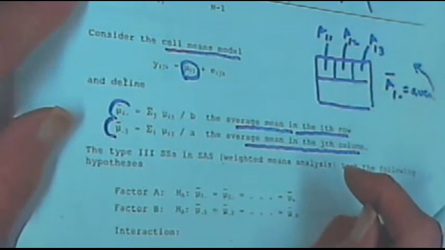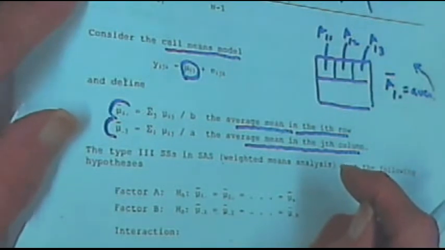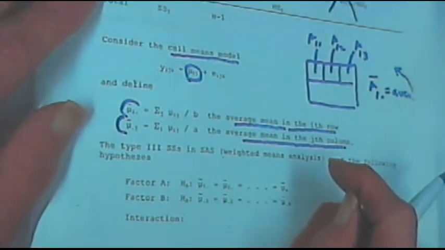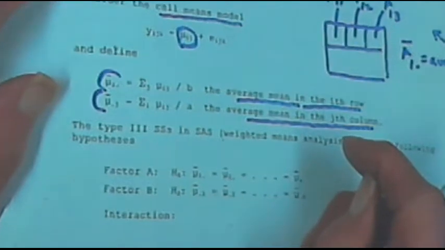Now, you've been seeing some SAS output in numerous handouts that I've given you so far, and you'll see more as we go along. But one of the things you noticed in SAS is that when it's giving you sums of squares, it's giving you type 1, type 2, type 3, and even type 4 sums of squares.